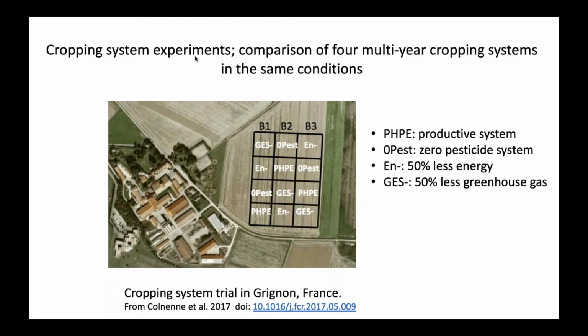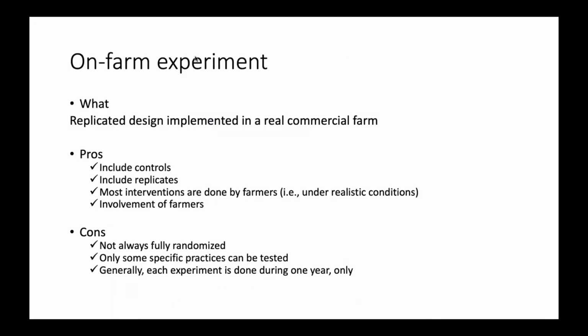The data are collected for something like 10 years or more, and different types of observation are collected in these systems, like yields, greenhouse gas emission measurements, biodiversity observations, and so on. So the second type of on-farm data corresponds to data collected in real commercial farms.